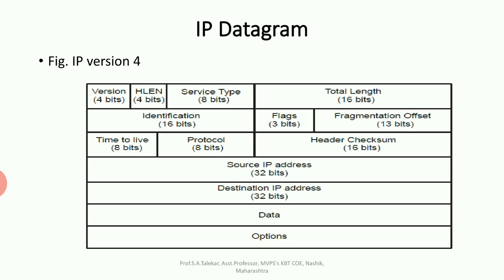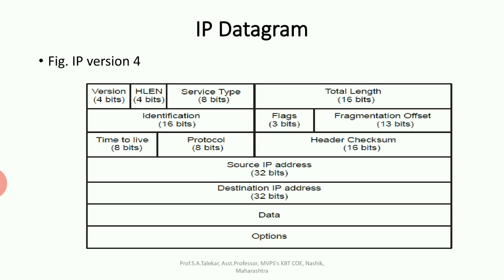Now the IP datagram for IP version 4. You can see there are different fields present in IP version 4. The first field is version, then HLN, service type, total length, identification, flags, fragmentation offset, time to live, protocol, header checksum, source IP address, destination IP address, data, options.